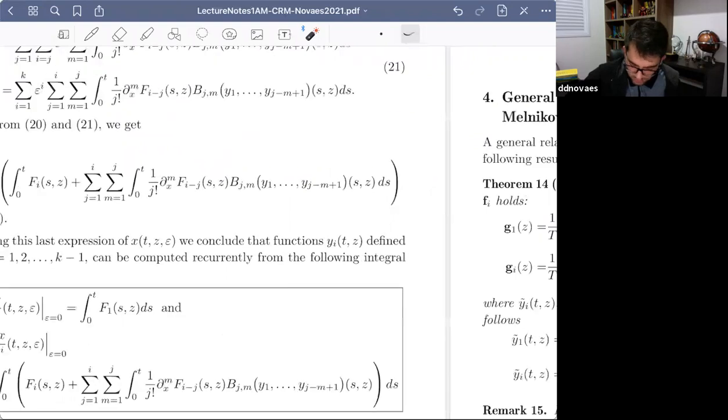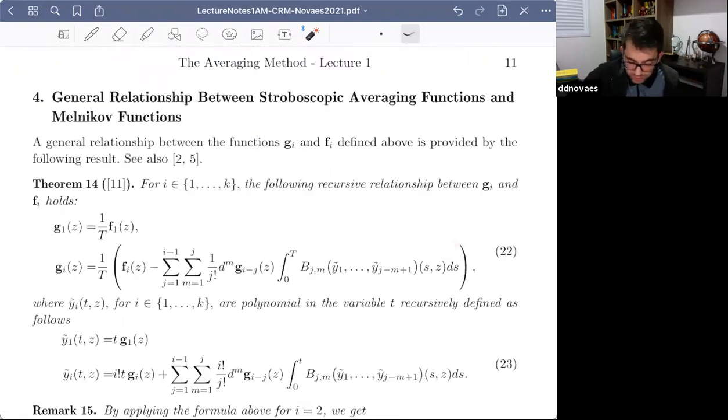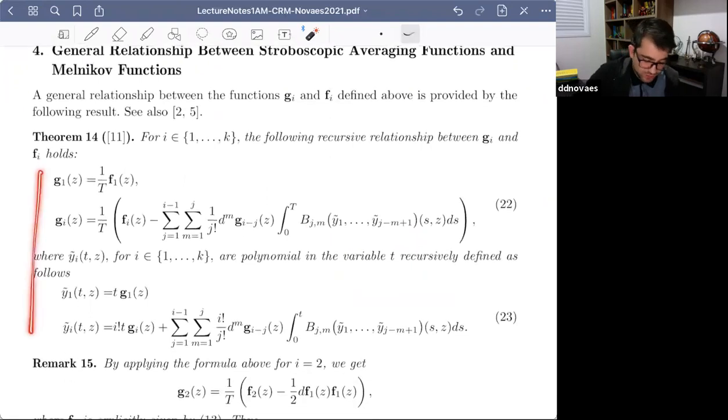So here we can always compute this integral because this function will always be polynomial in the variable t. Okay, and this is also a recursive formula. So we can compute G1 from F1. After we compute G1, we compute y1 tilde, and having computed y1 tilde, we can compute G2, because this expression depends only on G1 and y1, and so on. Okay.